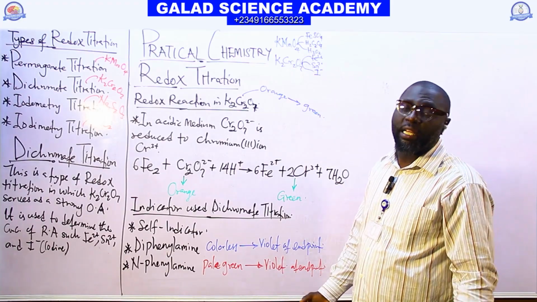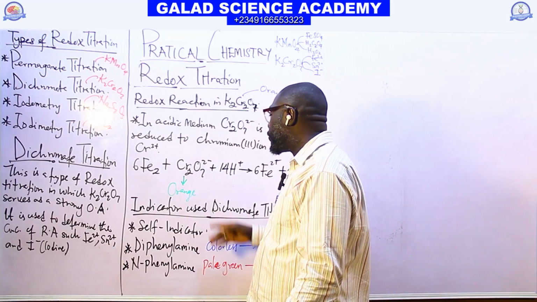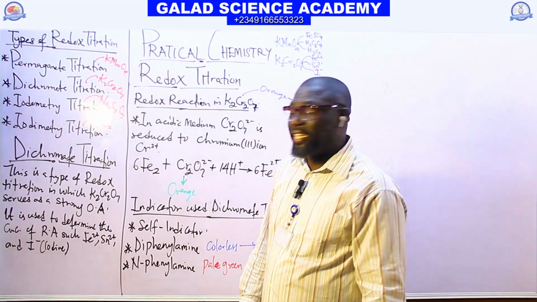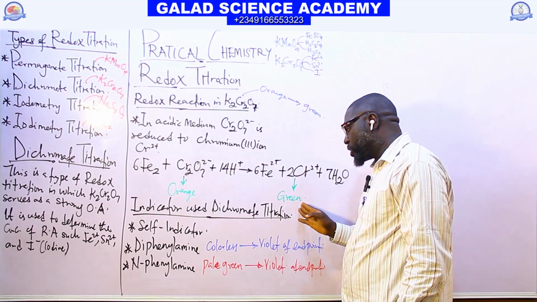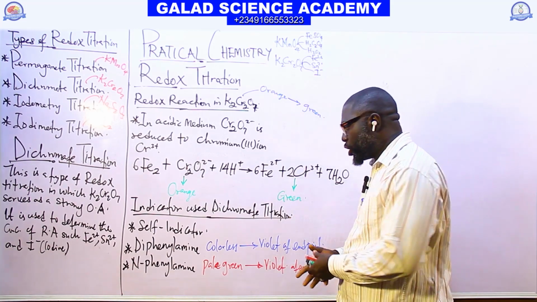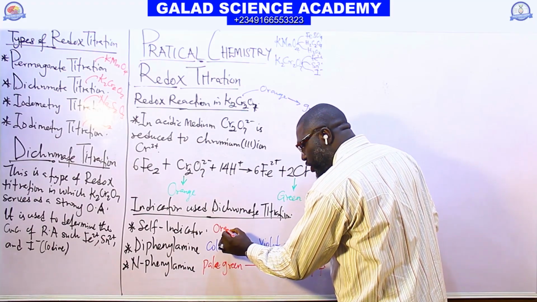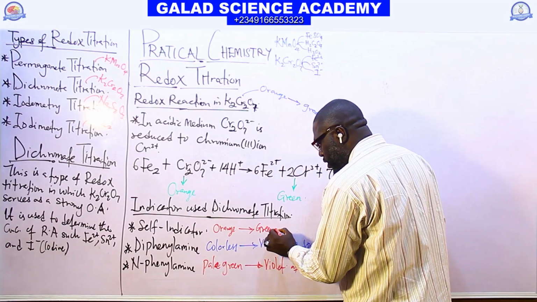But if you decide not to use any indicator, the original color for the K2Cr2O7 is orange, and at the end of the titration endpoint, it will give us green. So if the self indicator is used, we have orange to green.